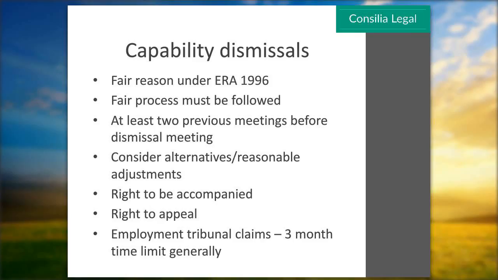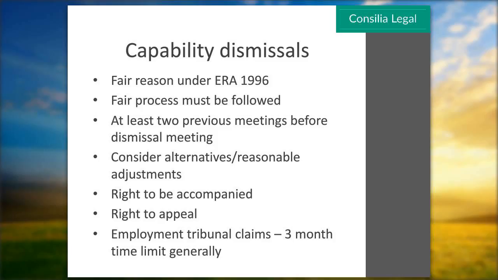And the process I've said generally, I mean, obviously it will depend company to company, but generally we have 2 meetings prior to a final meeting at which the person may be dismissed. And during those meetings we set out everything that I've just said. So adjustments, what are the main issues, how we can help. I think capability meetings should be a 2-way street, and they should not really be confrontational unless absolutely necessary.